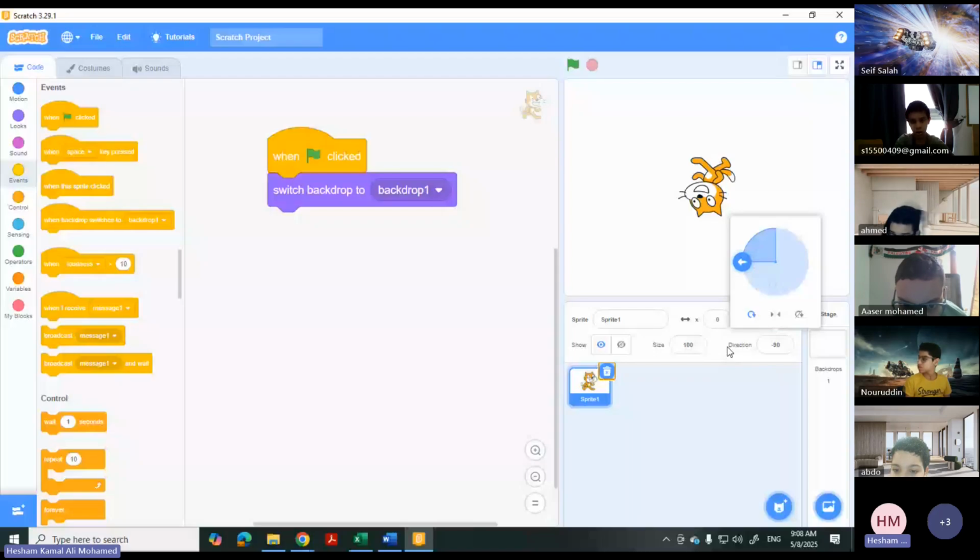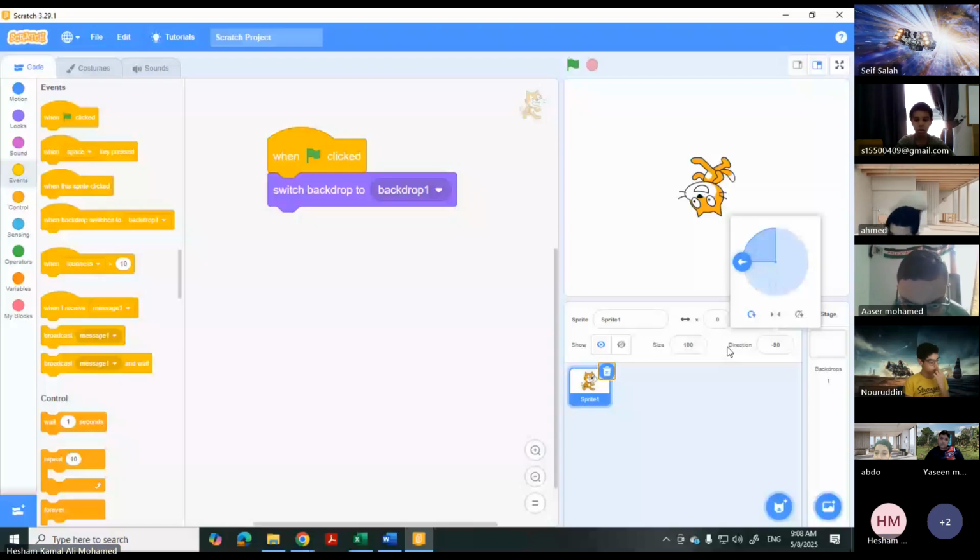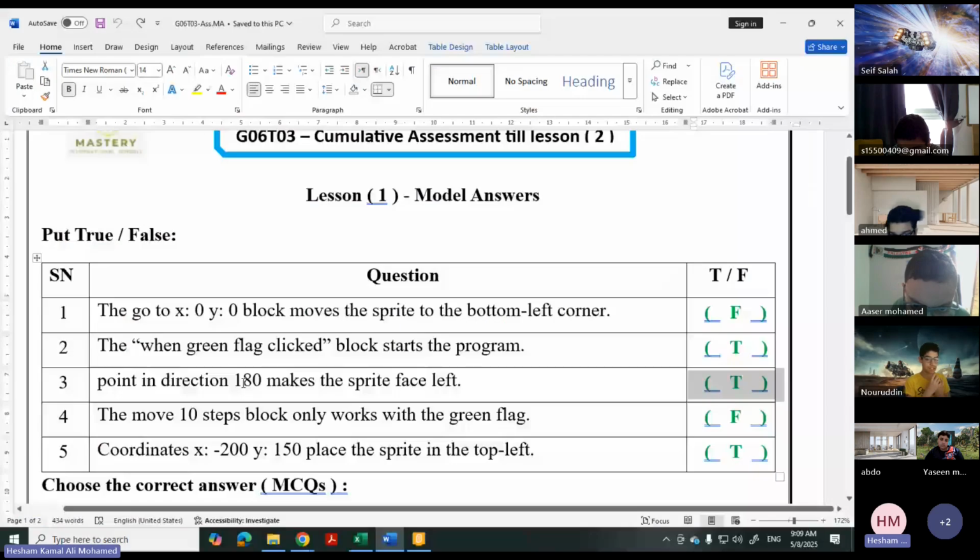And they both are directed to the left. That's why here the answer is true. Once again, if it's 180, it's represented in Scratch with negative 90. So if it says negative 90 or 180, they are the same, and they are both facing the left. That's why the answer is true.